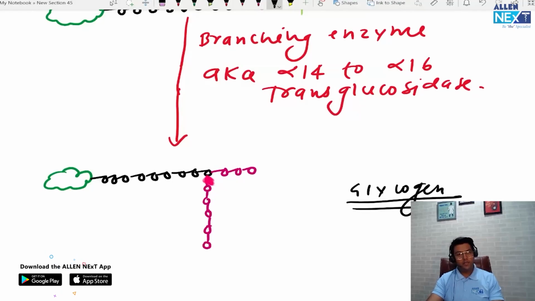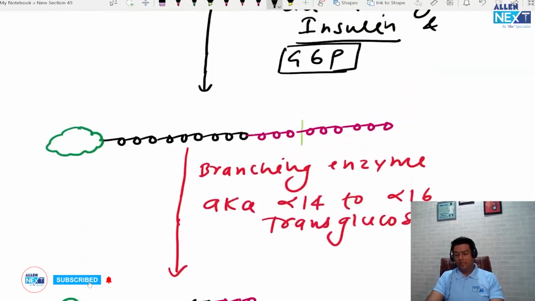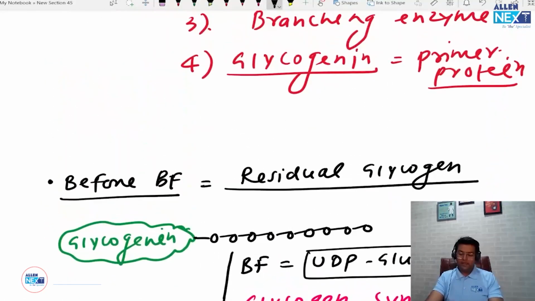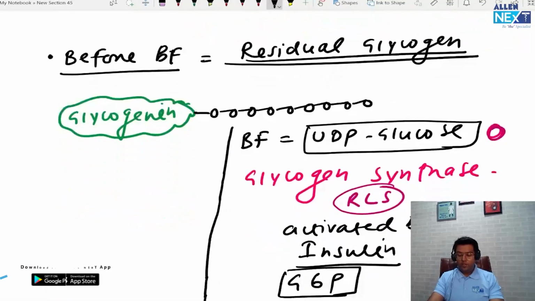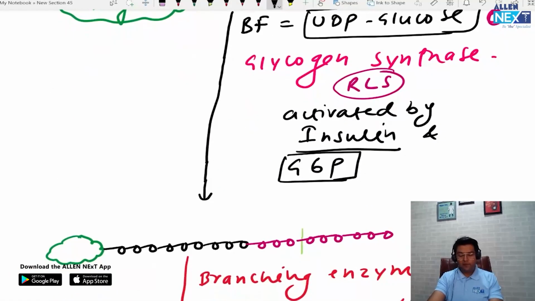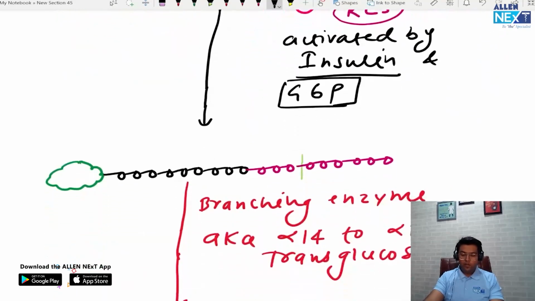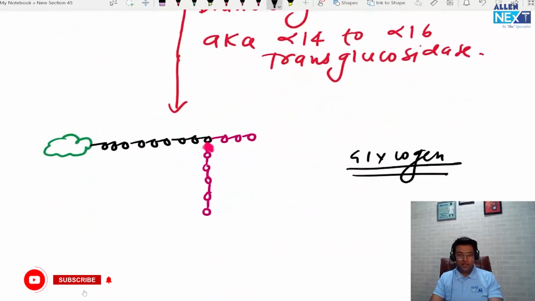Glycogen is made. Simple. How simple it is, right? So if you understand like this, it's very easy. तो पहले हमारे पास रेजिडुअल ग्लाइकोजन था, फिर हमने खाना खाया, ब्रेकफास्ट किया, फिर हमने यूडीपी ग्लूकोज से ऐड किया, फिर ब्रांचिंग एंजाइम से ब्रांच बनाया, माय ग्लाइकोजन इज रेडी.